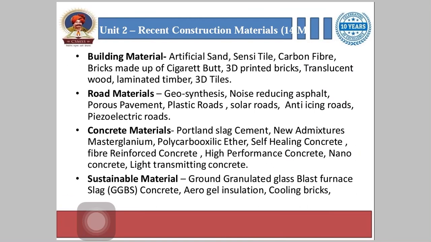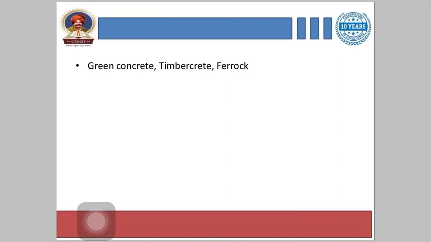And after that we will see about the sustainable materials. So sustainable materials like ground granulated blast furnace slag, aerogel insulation, cooling bricks, green concrete, timbercrete and ferrock.